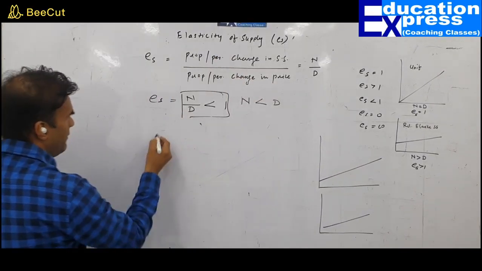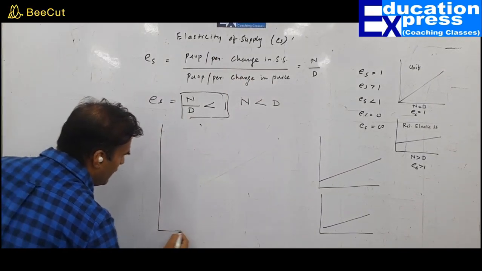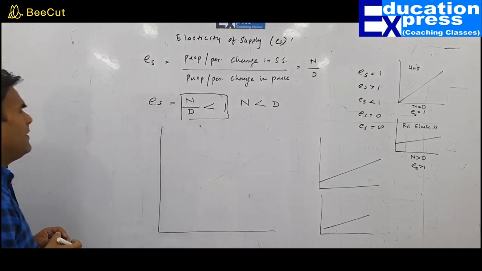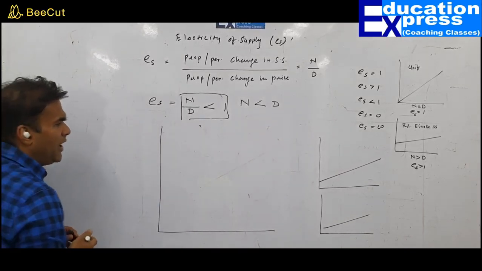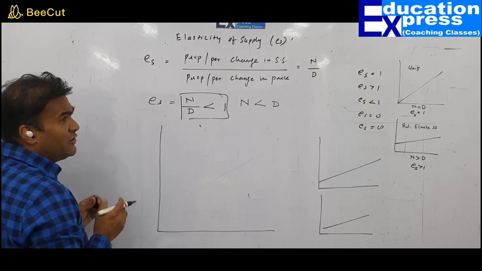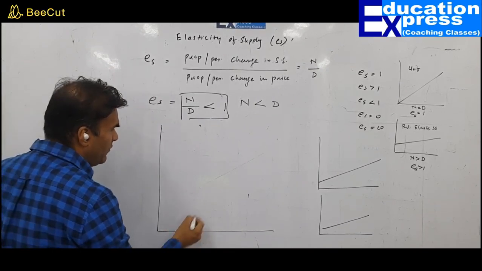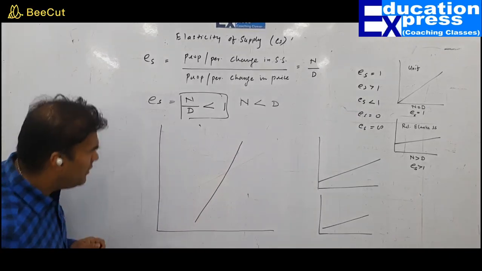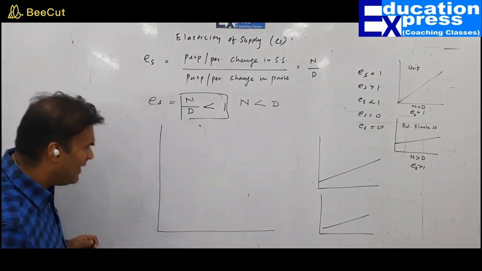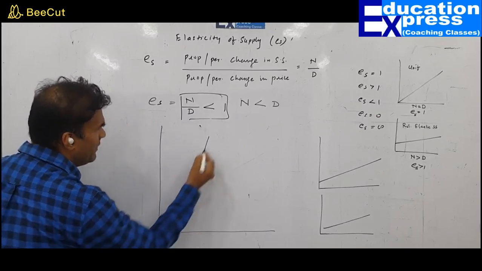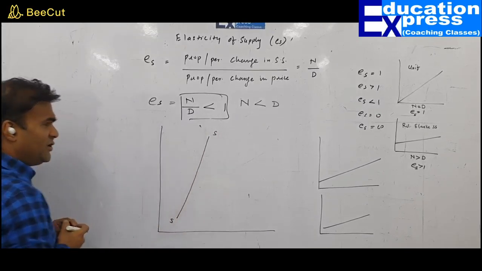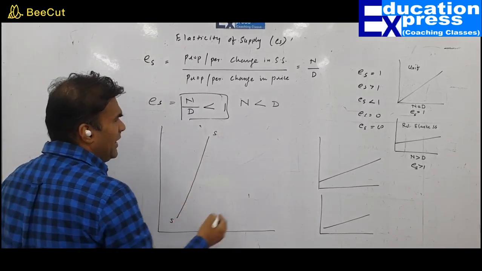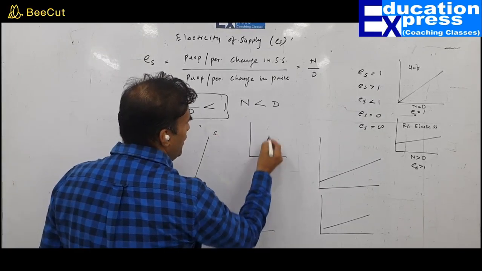So how is it going to happen? Have a look at it. Make sure that your supply curve is steep, something like this. If not from here, you can make it like this as well. This is my supply curve. In case you wish, you can draw this as well.